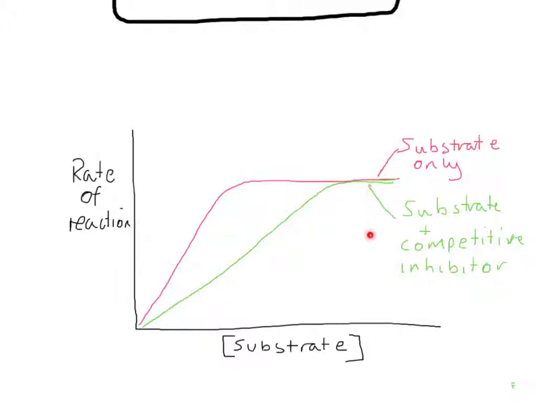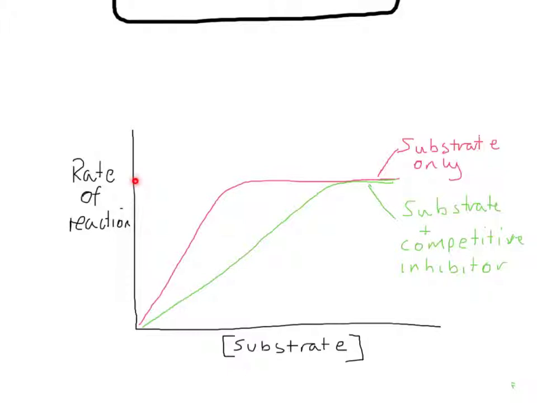As the concentration increases, however, there are so many substrate molecules there that the inhibitor has progressively less and less probability of colliding with and binding with an enzyme to form an enzyme inhibitor complex. So we can overcome the inhibition of a competitive inhibitor by adding more and more substrate.